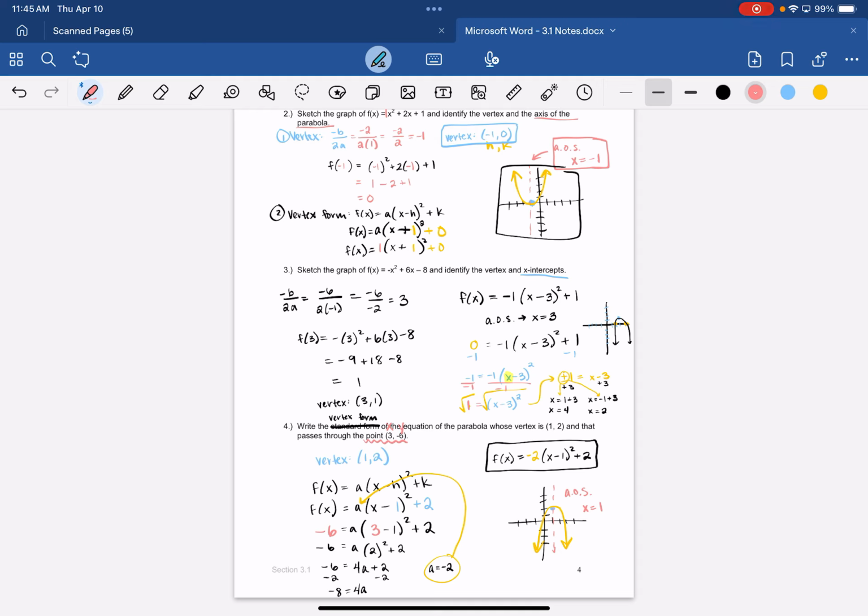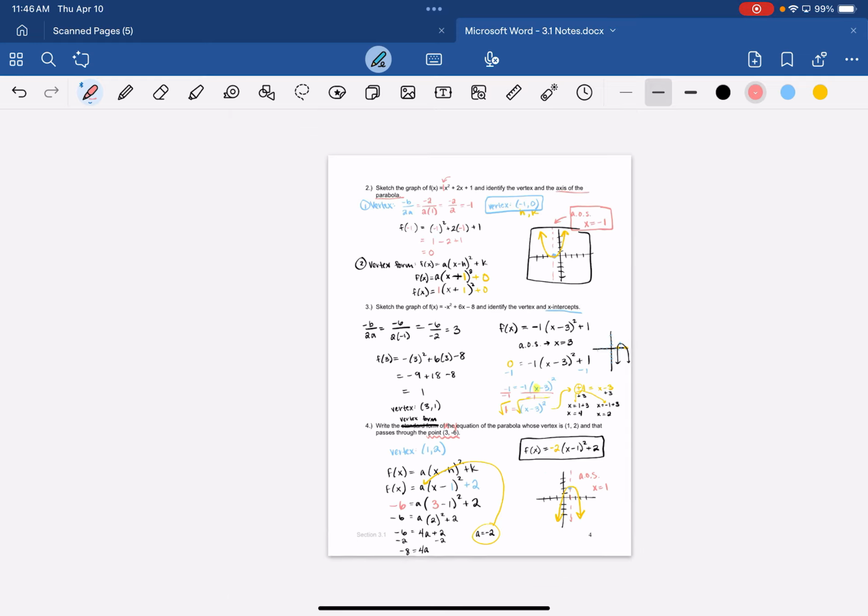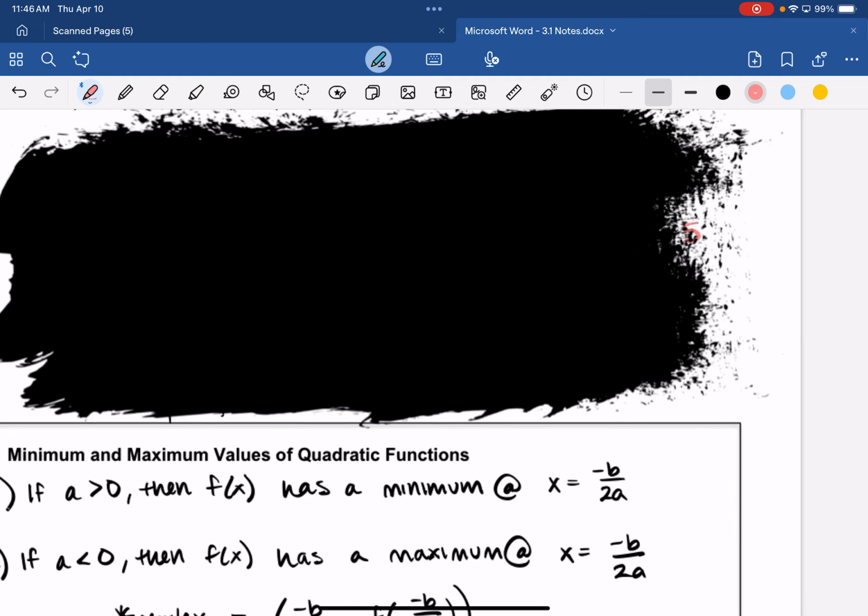In this one, I gave you the vertex but not A, so you had to use your other point, plug it in to find A. Those are the two big differences here. In this one, you had to find your x-intercepts. It's a slightly different process, but the same end product. All right, try this one on your own.